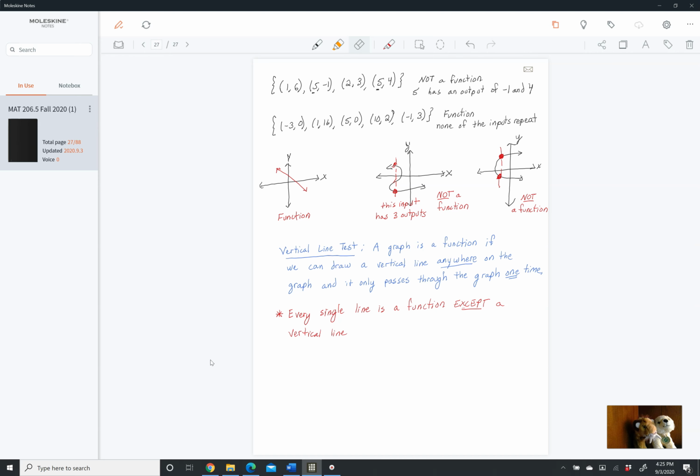Okay. So the next thing that we're going to talk about is the slope of a line. So we said that the thing that differentiates a line from every other type of function, or every other type of graph is the fact that it has a constant rate of change.